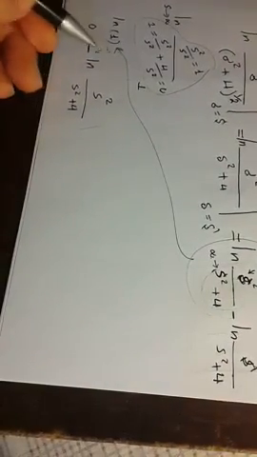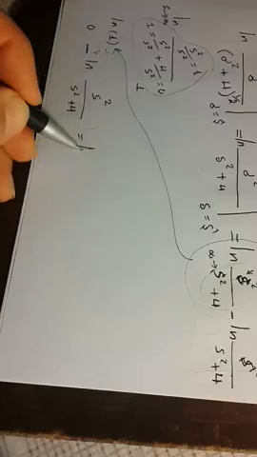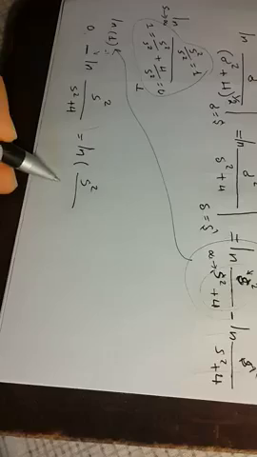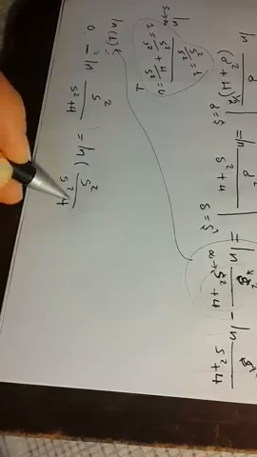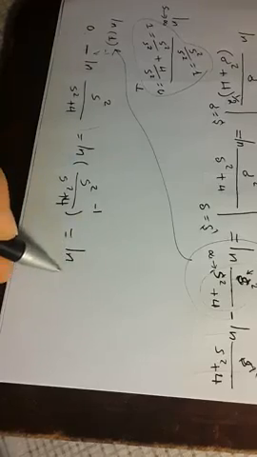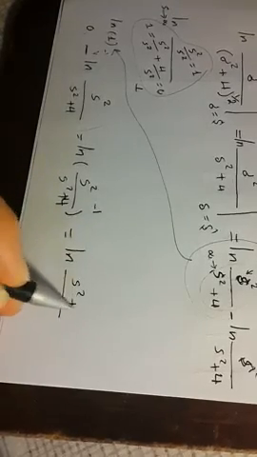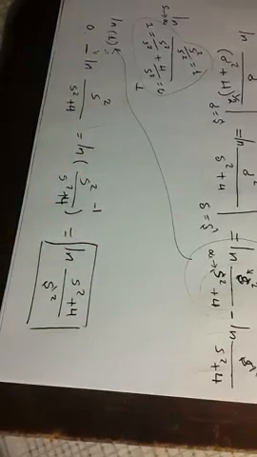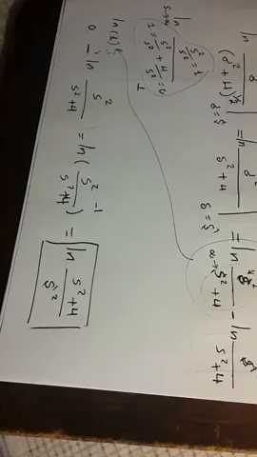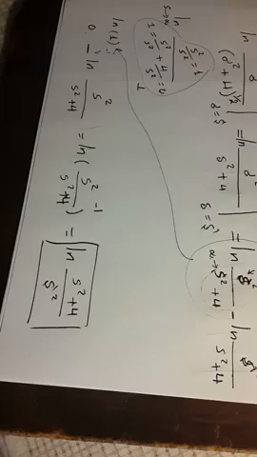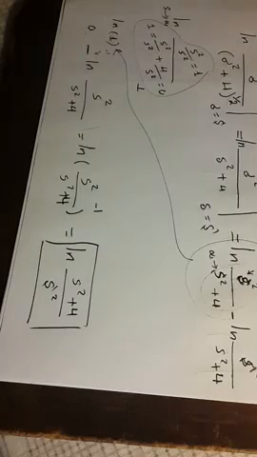We have minus 1, so it is ln of s square over s square plus 4 to the power minus 1, which equals ln of s square plus 4 over s square, and this is the solution of the function using Theorem 3, which is for functions divided by t. Thanks for listening. See you later.